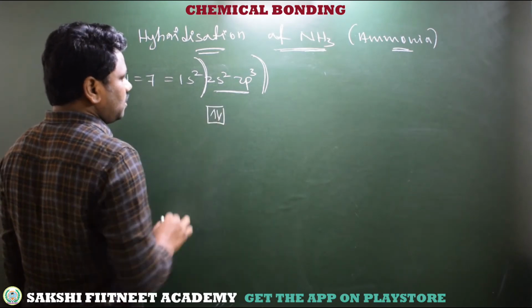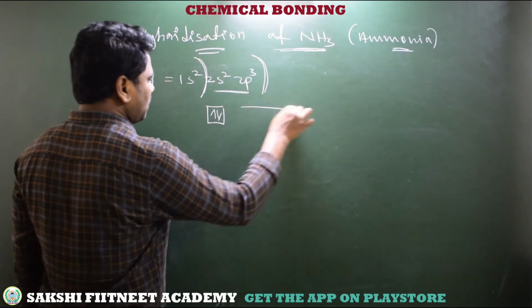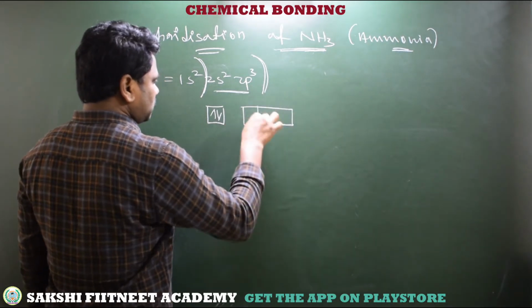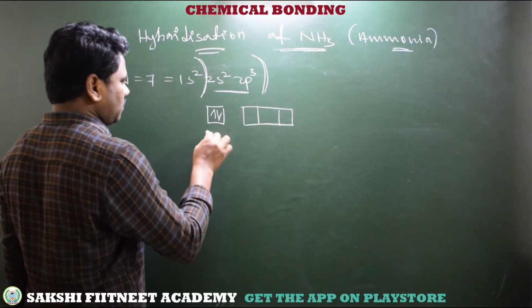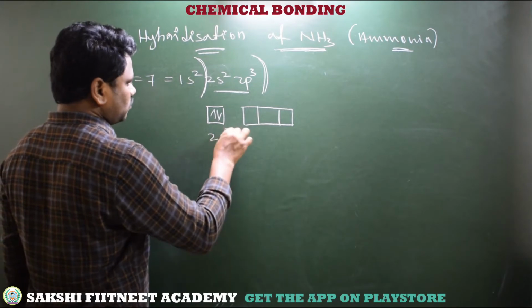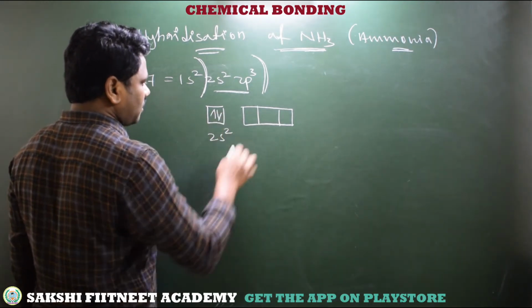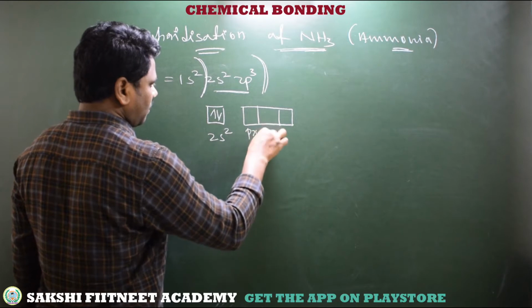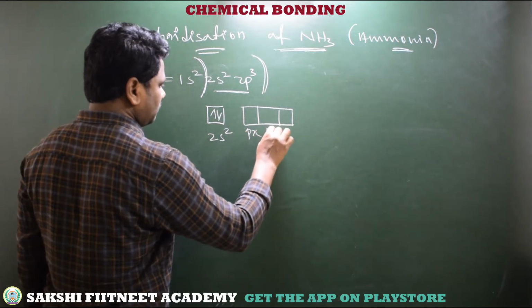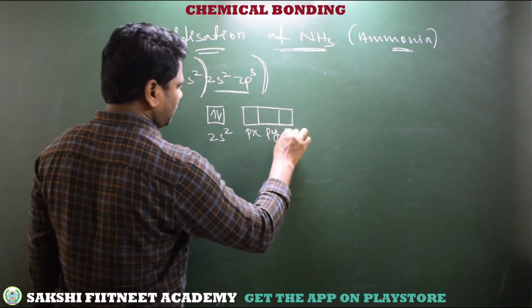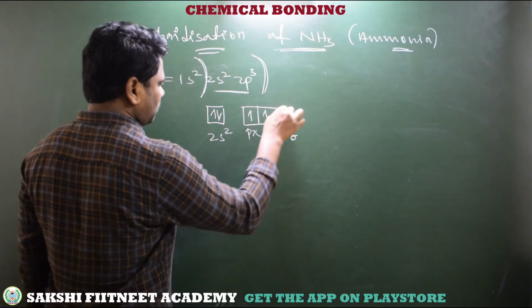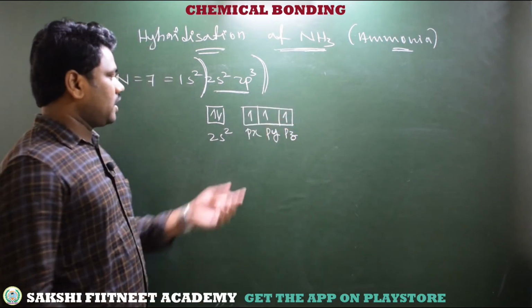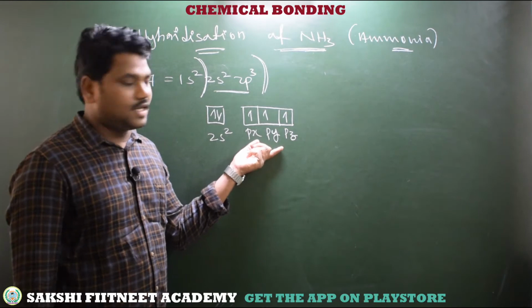This is a lone pair, which is the s orbital, and here we have 3 p orbitals. Here 2s2 is a pair. Now here px, py, and pz. We have 3 electrons in the p orbitals existing as unpaired.